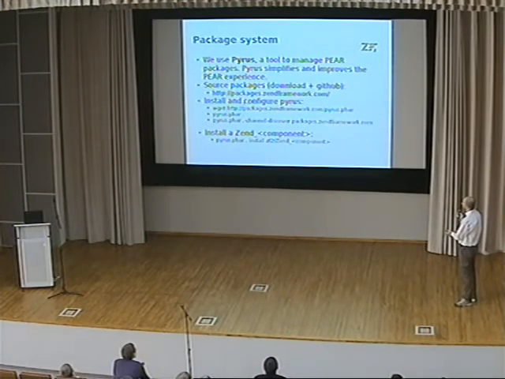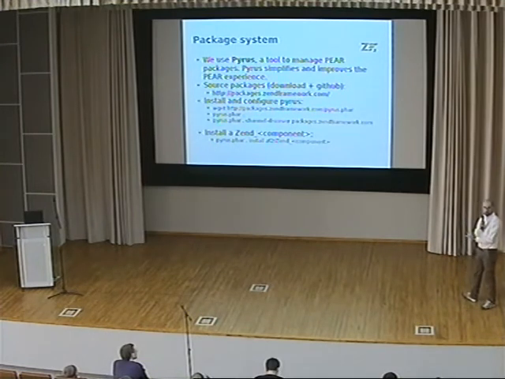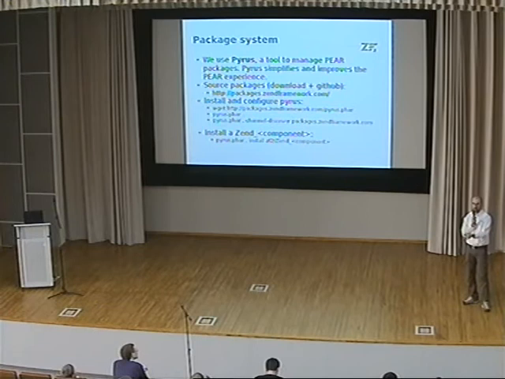We provided a website, so if you go to packages.zendframework.com, you will see all the documentation, but the idea is very simple. You get Pyrus, and we provided Pyrus here. You have to add this channel, that is packages.zendframework.com. After that, you can install a Zend component with one line with this command. So you can install, for instance, Zend Config, and Pyrus is able to collect all the dependencies of Zend Config with the other classes.